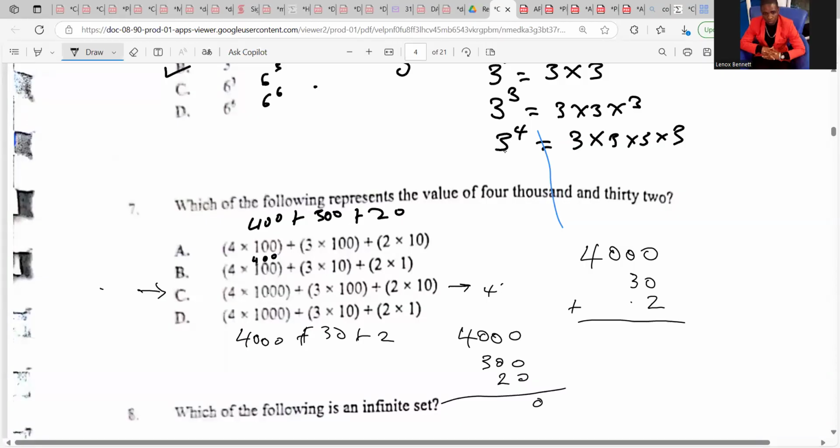So you have to be very careful, right? When you add it up, you get 4,320. But the question says 4,032, right? So we have to be very careful with these. I'm suggesting that we actually write it out and do it like this, just so we don't make any mistake. Let's go down to the next one.